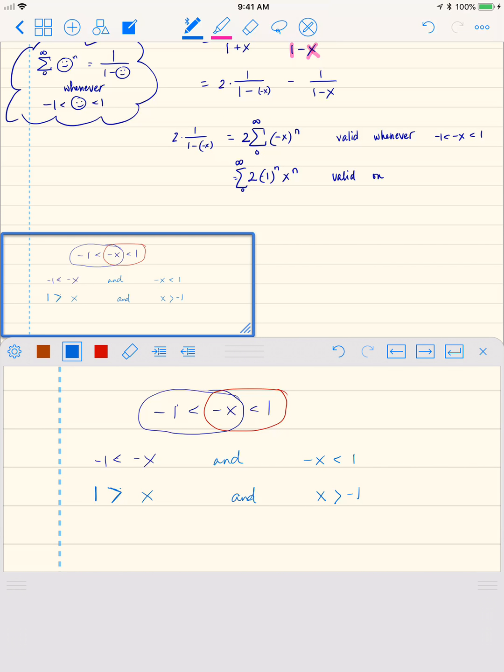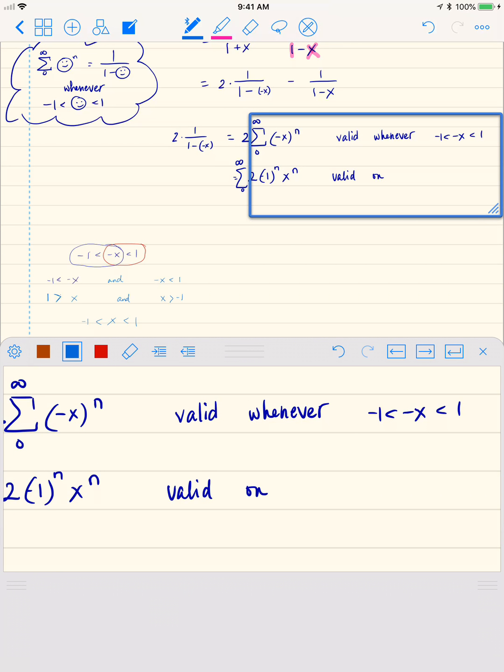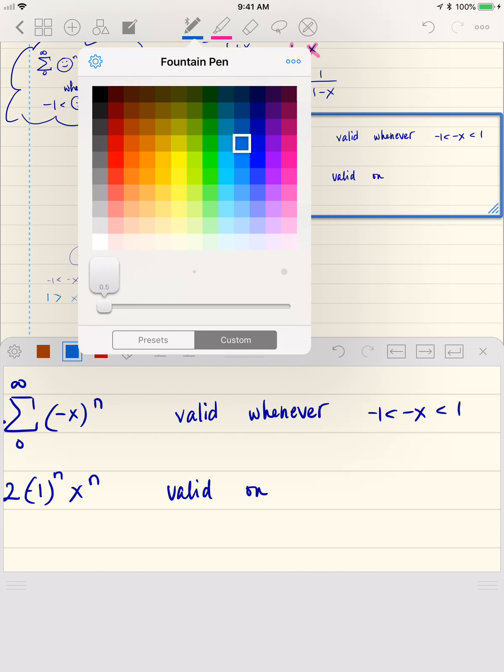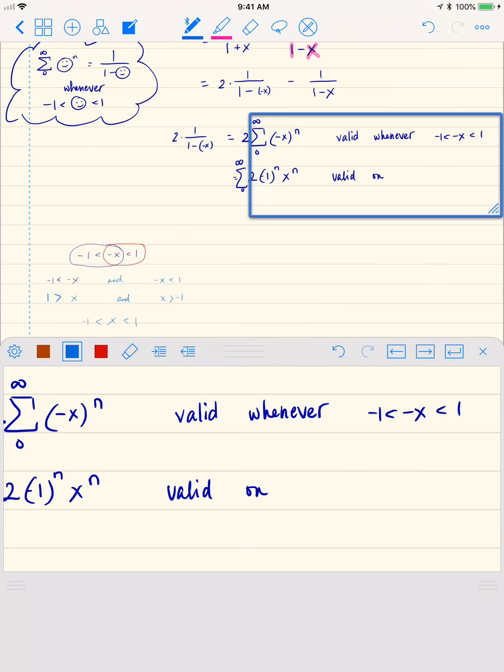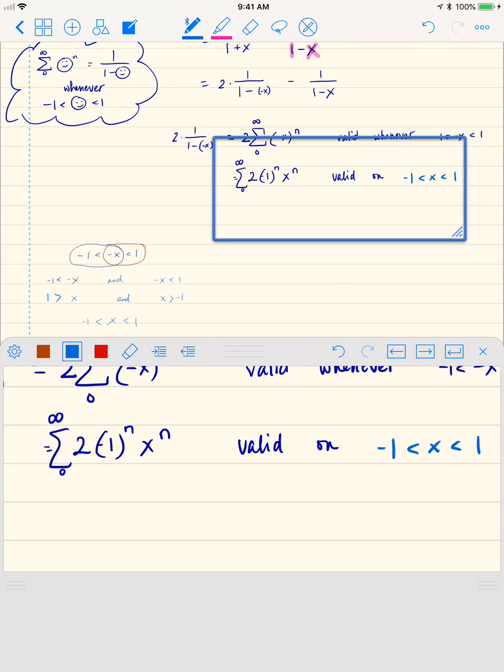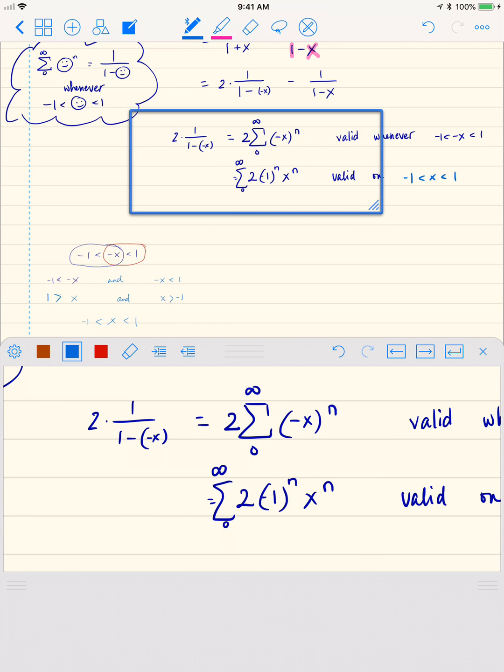So it turns out to be exactly the same constraint. We need x to be in between negative 1 and 1. So this is valid on x in between 1 and negative 1. Okay, so remember this part is the first part.